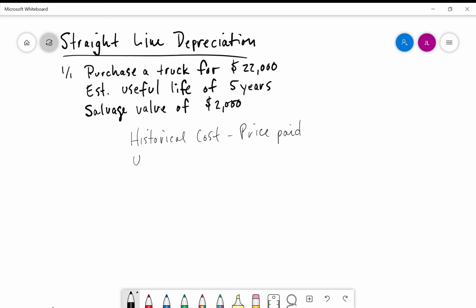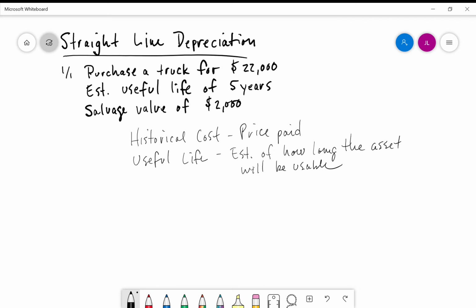We have useful life, and this is essentially how long we're going to have the asset. This is an estimation of how long the asset will be usable for us.